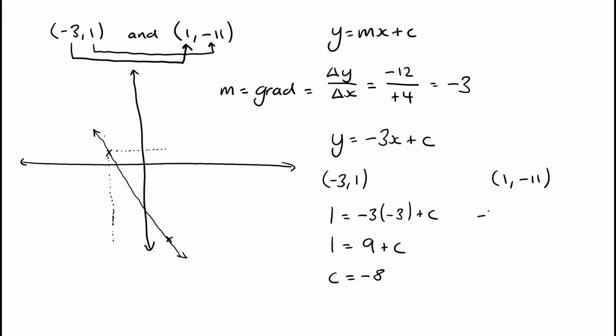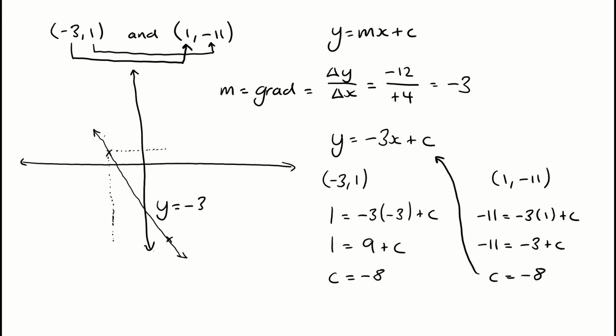I can put a negative 11 in for y, and I put my 1 in for my x, and I solve this equation. So negative 11 is equal to negative 3 plus c, so c would have to be negative 8. So I know that when I put my c back into here, the equation of this line is y equals negative 3x minus 8. So that's how we can find the equation of the linear line that goes through 2 points.